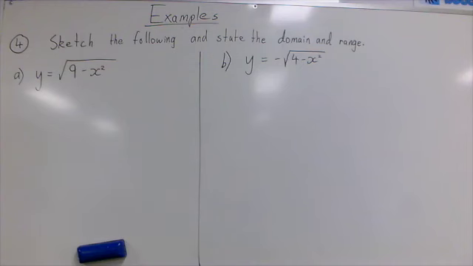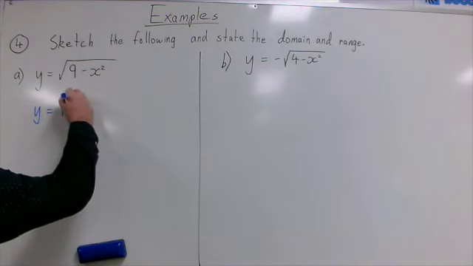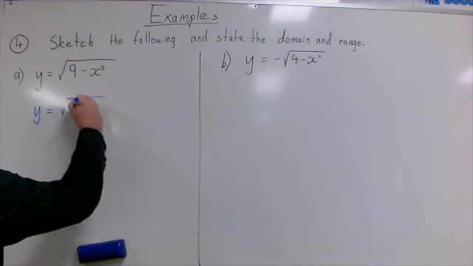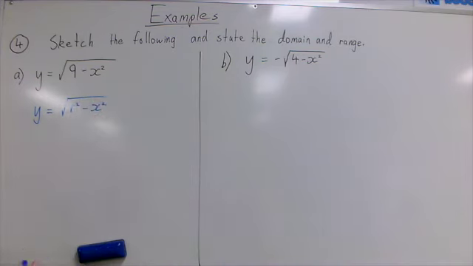Alright, these second two examples are going through semicircles. Now, I separated these because they're separate to circles, but they're actually fairly simple. We have the general form of y equals square root of r squared minus x squared. Alright, that is the general form.